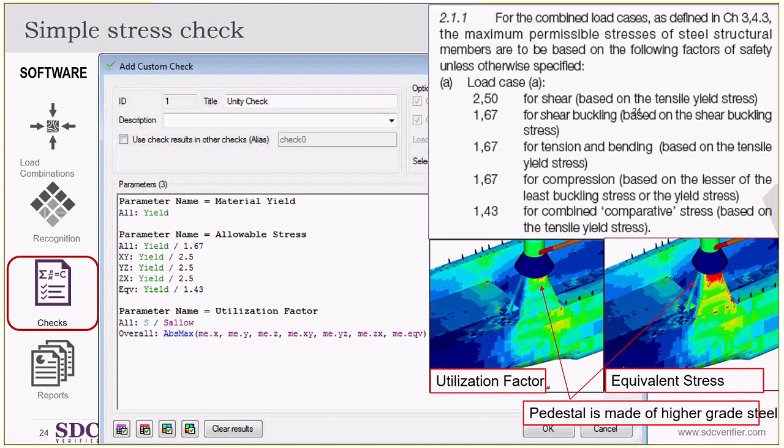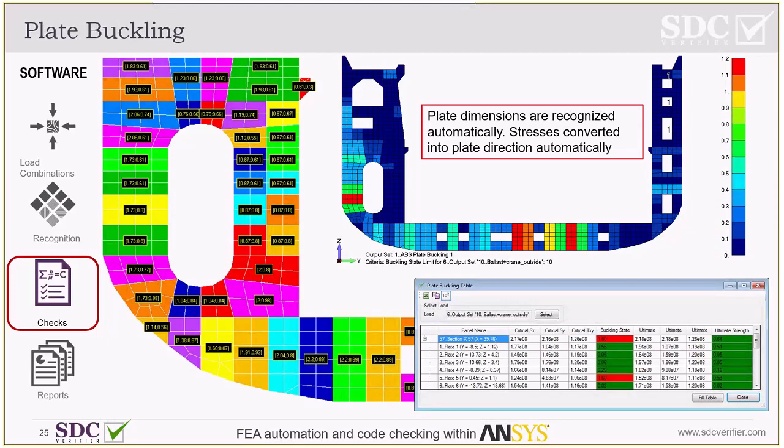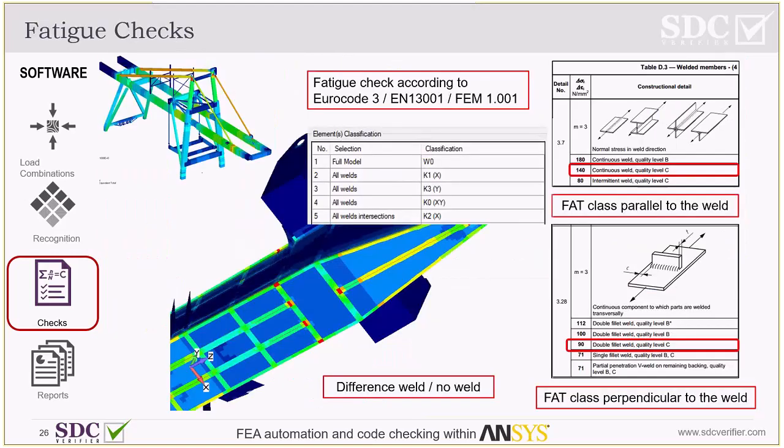Then we have, for the standards, plate buckling, which will be covered today by Bogdan in a demonstration. For the fatigue, because of automatic recognition of the welds, it is now possible to set the classification for welds in different directions according to Eurocode or EN or FEM.